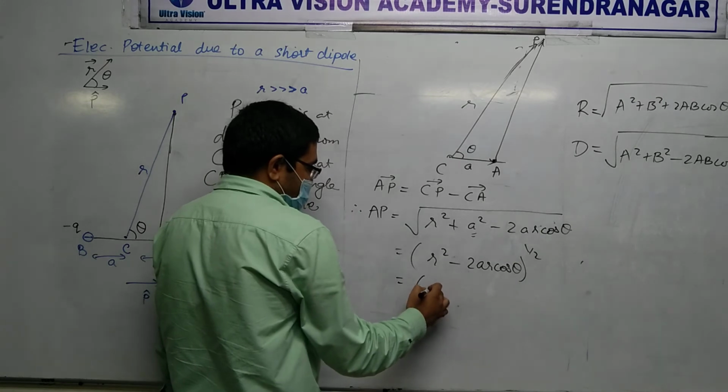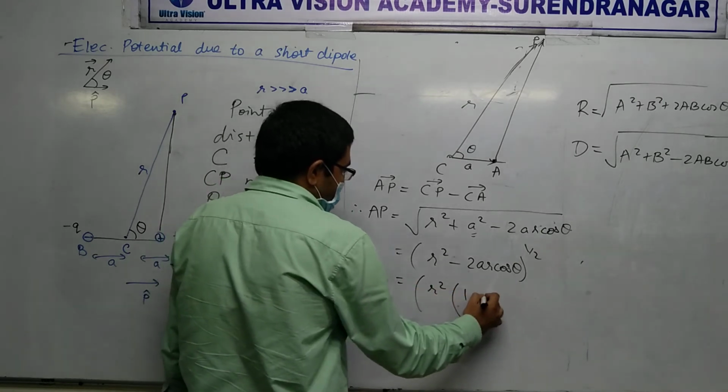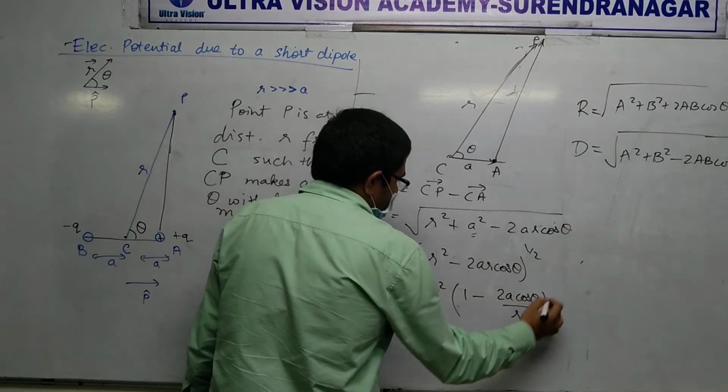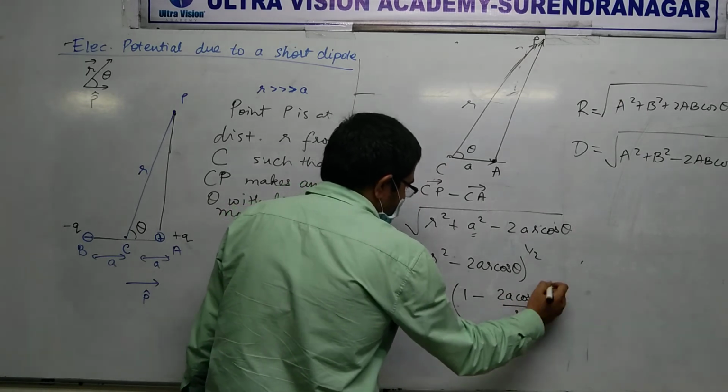So r square (1 minus 2a cos theta by r), the whole raised to half.